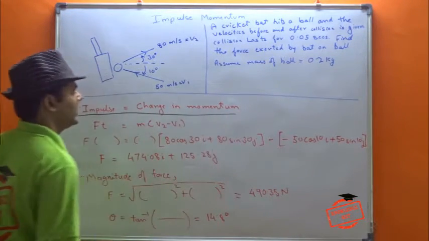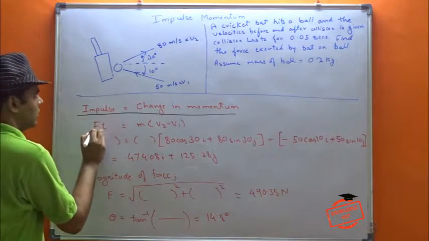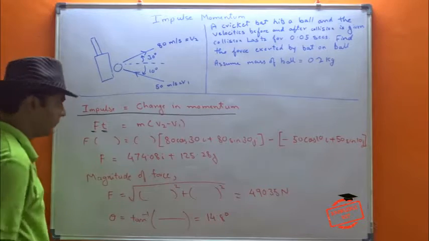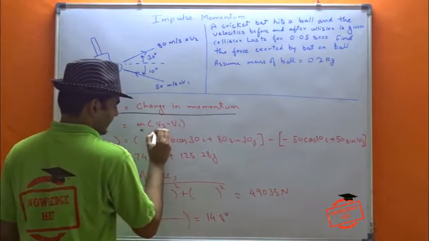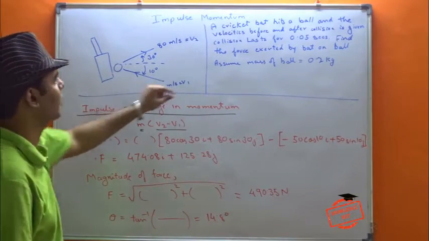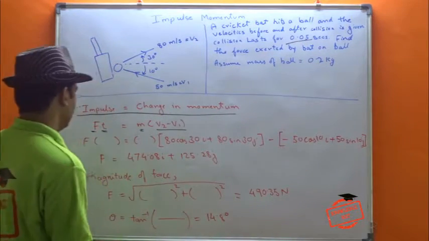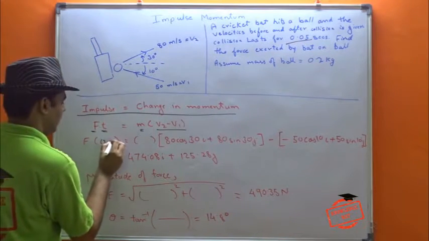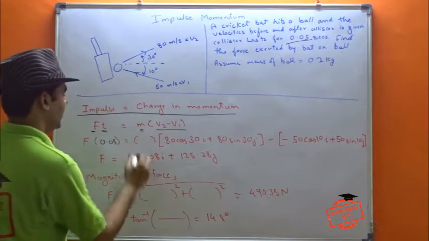Impulse is equal to the change in momentum. Impulse is given by force into the time period, and change in momentum is given by m, the mass, and change in the velocity. The time of collision is 0.05 seconds, and the mass of the ball is 0.2.